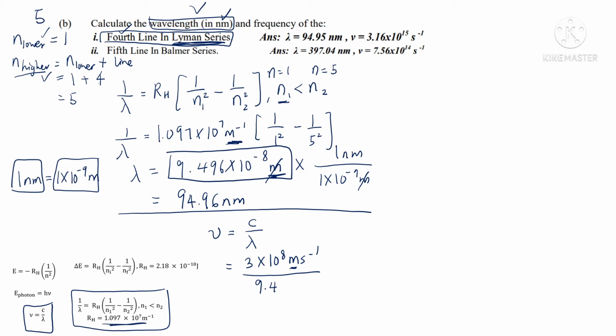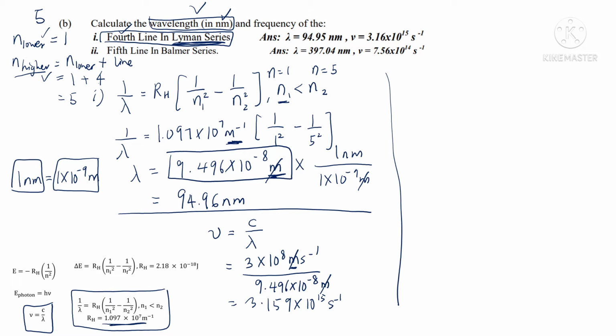So 9.496 times 10 to the power of negative 8 meter. Cancel the meter to give us the frequency of the photon as 3.159 times 10 to the power of 15 per second. So this is the answer for 5b1.